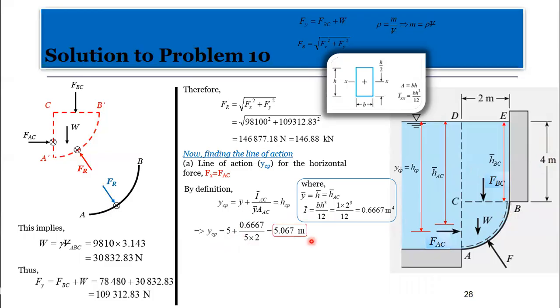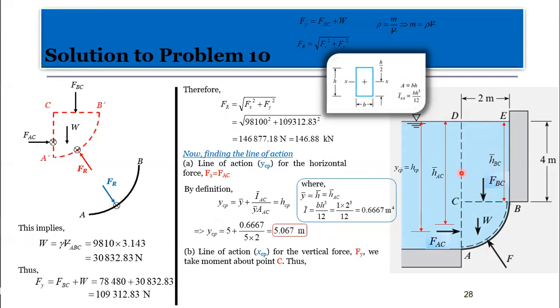Now, we need to know the line of action of the other one. The line of action for the vertical one. Here, I didn't teach you, but I wanted to teach you before. It's actually like YCP, but this here is XCP. The XCP is measured horizontally, whereas the other one is measured vertically, to locate the line of action of FBC.